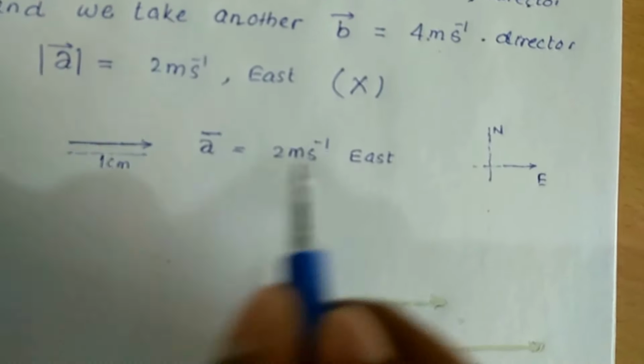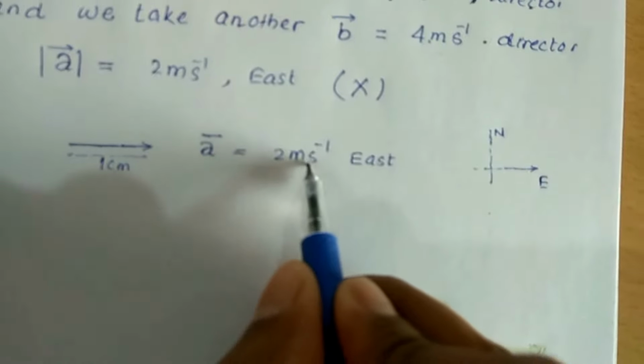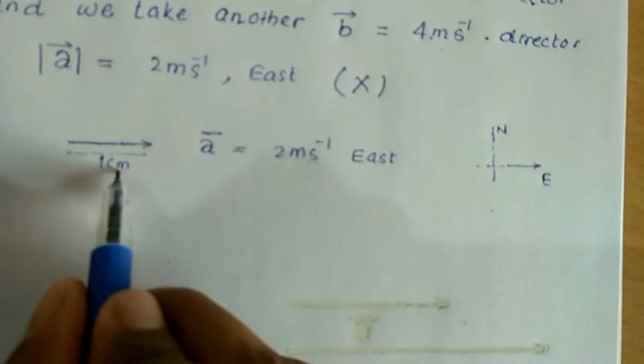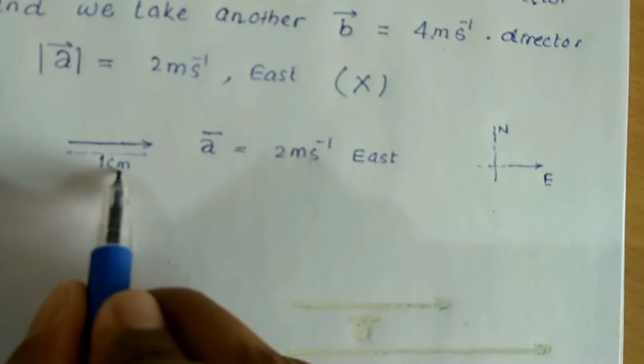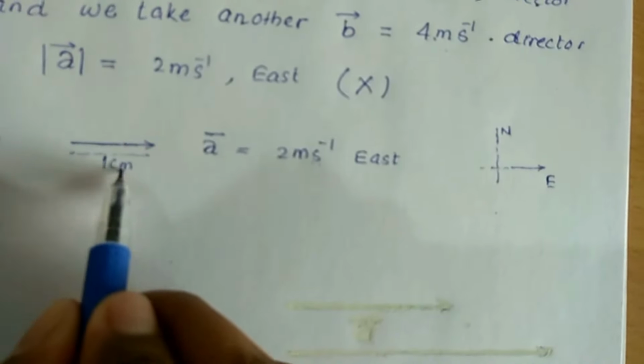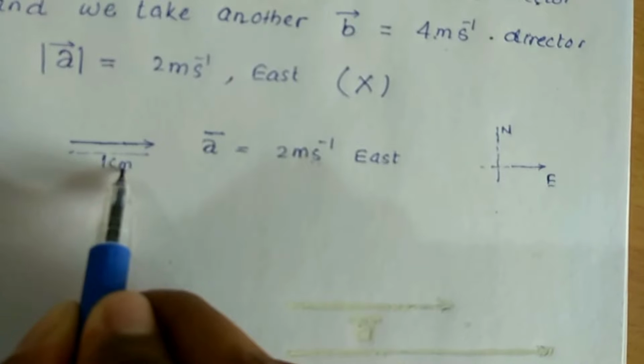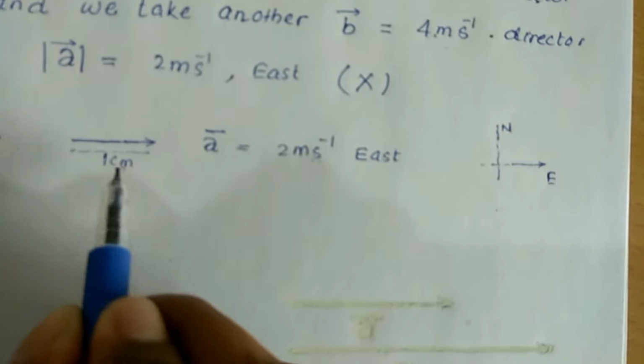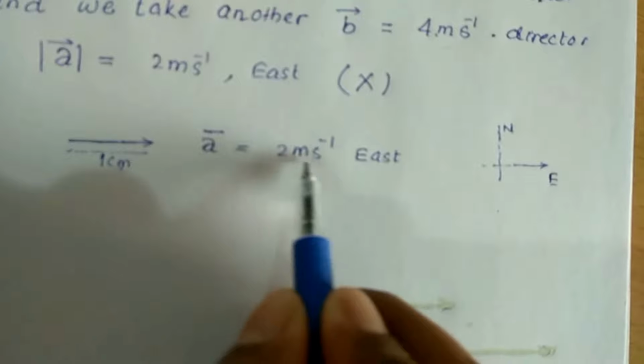So the physical length is proportional to the geometrical length, taking here 1 centimeter proportional to this physical length.